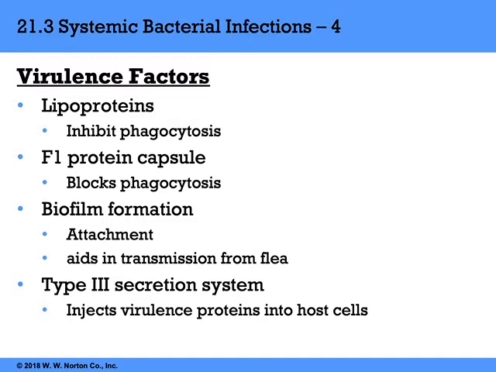Virulence factors are features that bacteria have that cause them to produce disease. Examples include lipoproteins that can inhibit phagocytosis so they can avoid the macrophages of the immune system, an F1 protein capsule that blocks phagocytosis, biofilm formation where it attaches to a substrate and forms a multibacterial community.